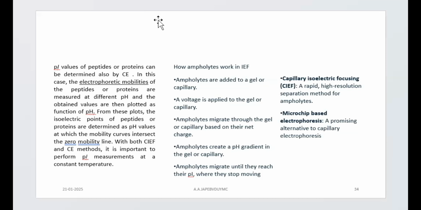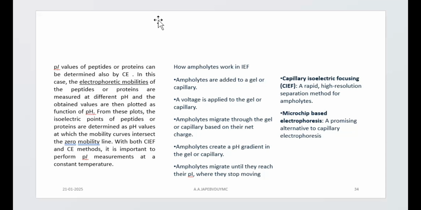What is mobility under an electric field? How is it calculated? What is mu? What is V? All this we have discussed in the first, introductory lecture on electrophoresis, right? So you know what electrophoretic mobility is. Electrophoretic mobility at different pH is measured and the graph is plotted, and that would give you the value for pI. So you can find out the isoelectric point of a peptide or protein from these plots.